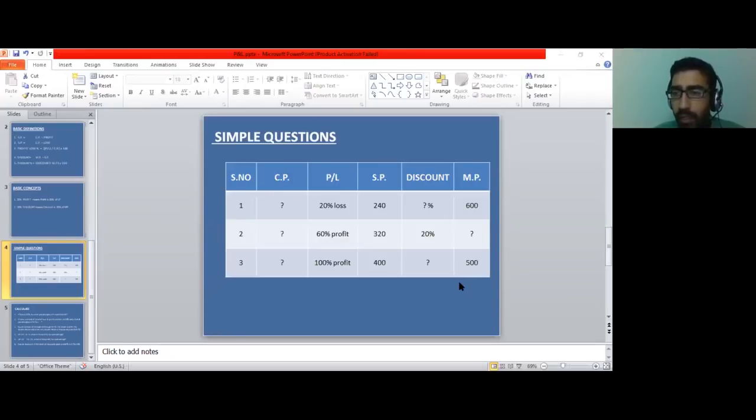Keep going. The answer to 1 is indeed cost price is 300 and discount is 60%. If you got it correct, good. We keep going and solve 2 and 3.